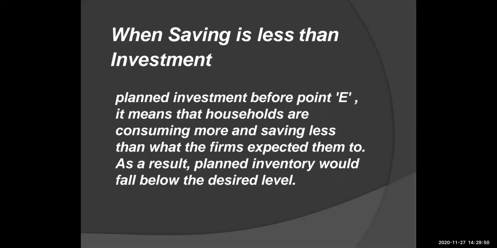And when saving is less than investment, that is, planned investment before point E, that would mean that households are consuming more and saving less. As a result, planned inventory would fall below the desired level. So this is how the situation would be when saving is more than investment and when saving is less than investment.